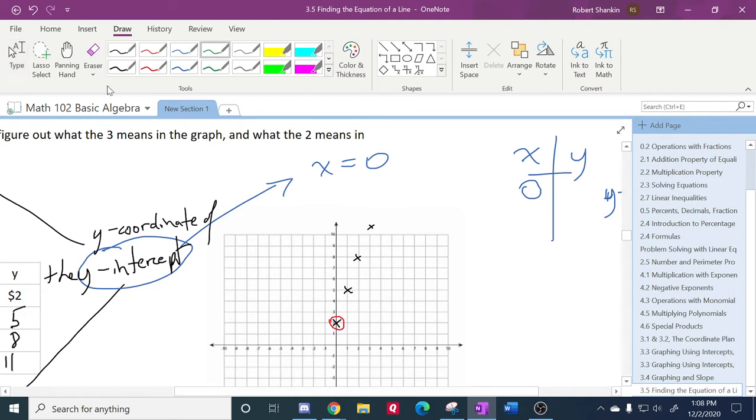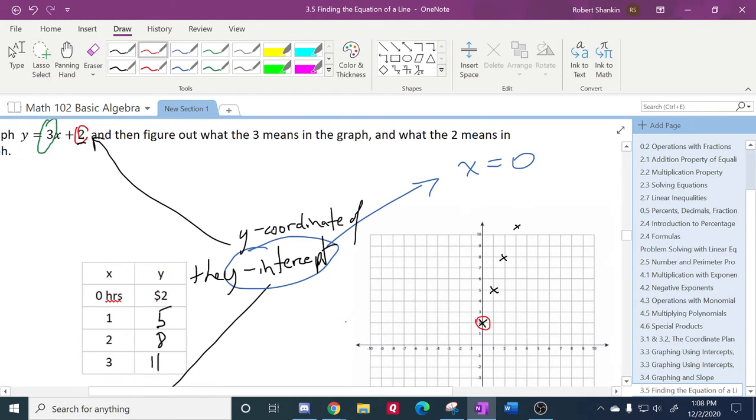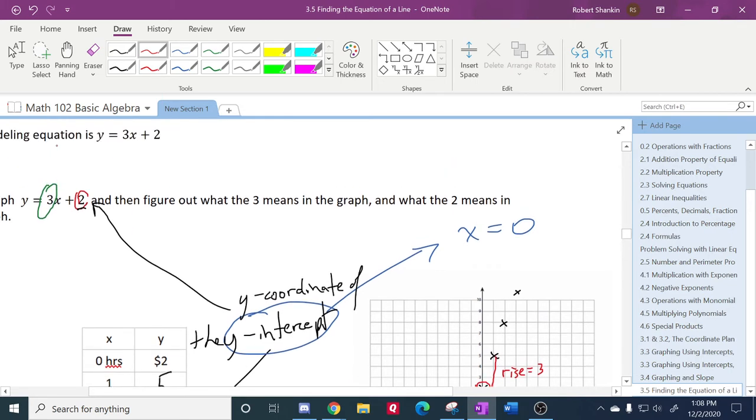It shows up as, if you go from this point to this point. Let's move. Run equals 1. Rise equals 3. And the ratio of the rise to the run is going to be that. That is the slope.